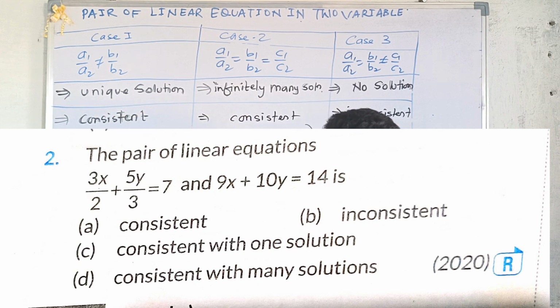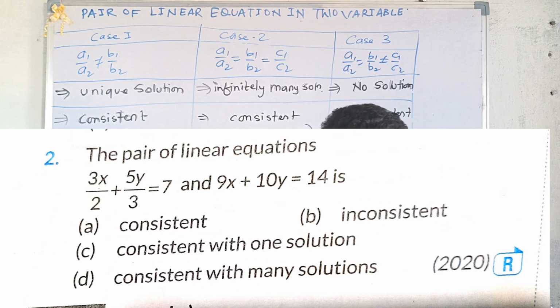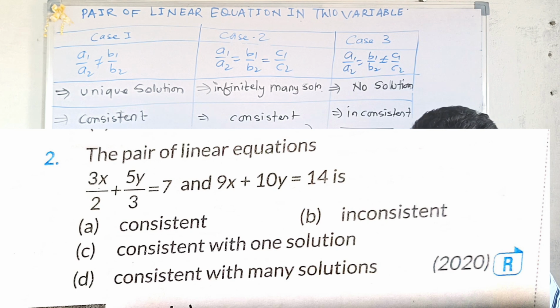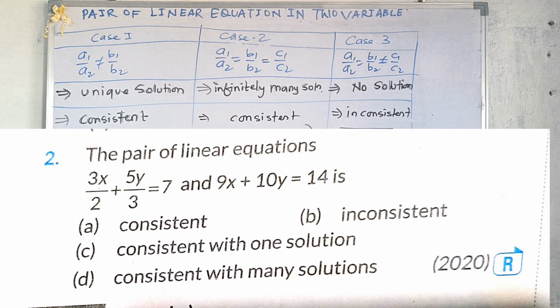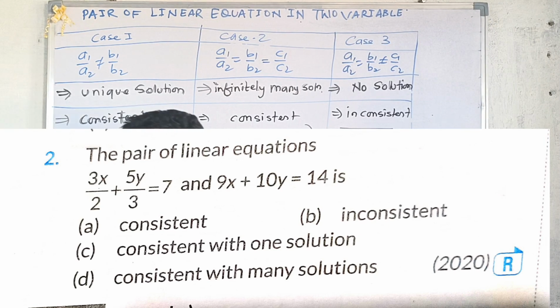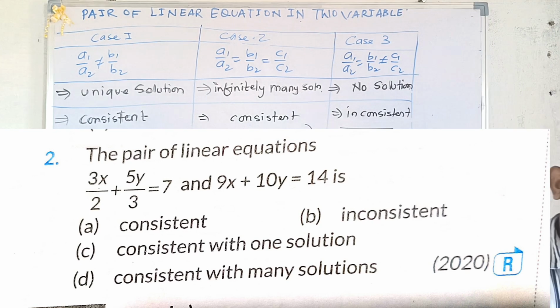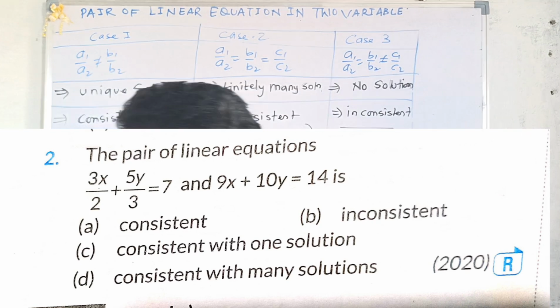We have to choose whether it is inconsistent, consistent with one solution, or consistent with many solutions. So first try by your own, pause the video and try it by your own.